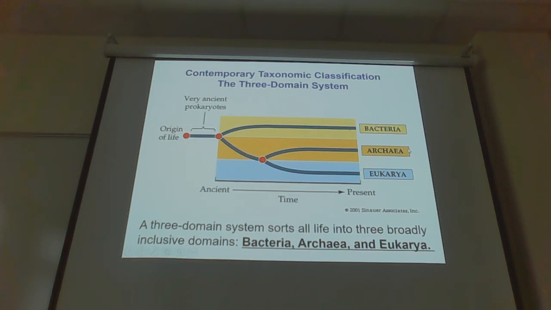By doing that, we were saying, okay, archaea and bacteria are very related. They look alike. Therefore, this is the phylogenetic tree, the derivation.